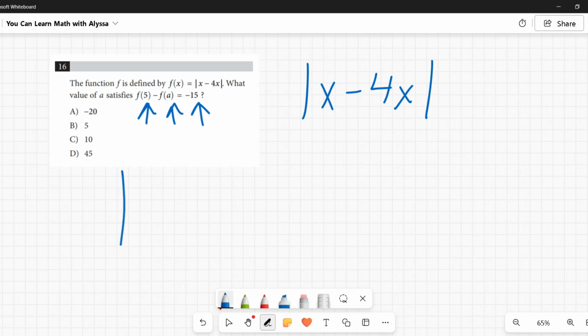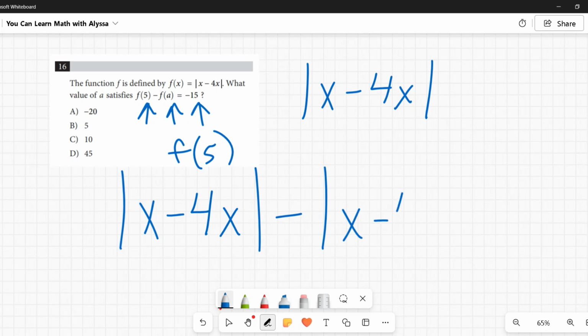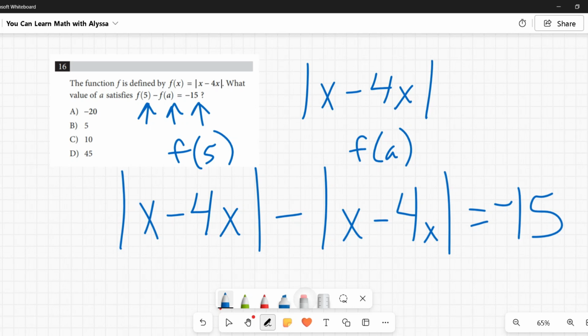All right, so let's set it up. So we have that first one. This is going to be my f of 5, and this is going to be my f of a. And I want it to equal negative 15. Well, first, let's plug in the 5. I'm going to plug it in wherever there is an x.